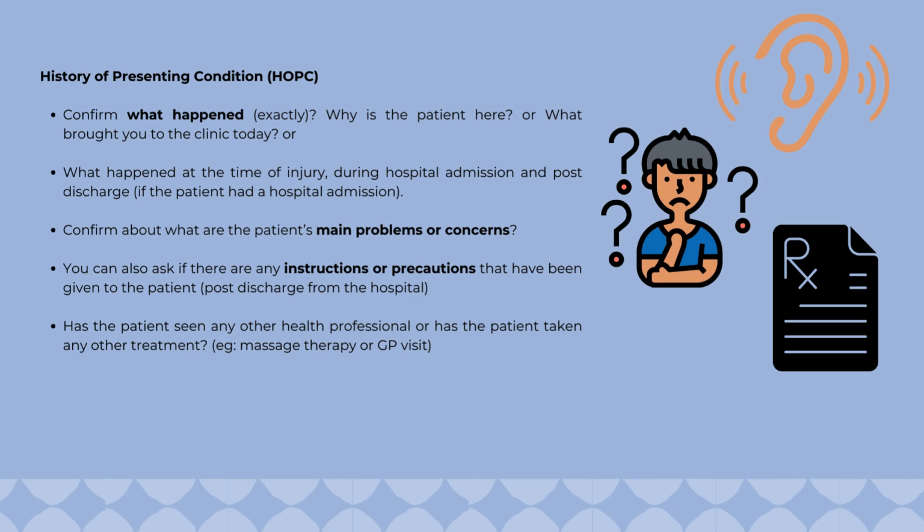So we say we were talking about what happened at the time of the injury. The patient says, I was playing football and suddenly I do not know what happened, but I think I twisted my ankle. I don't really remember what happened.